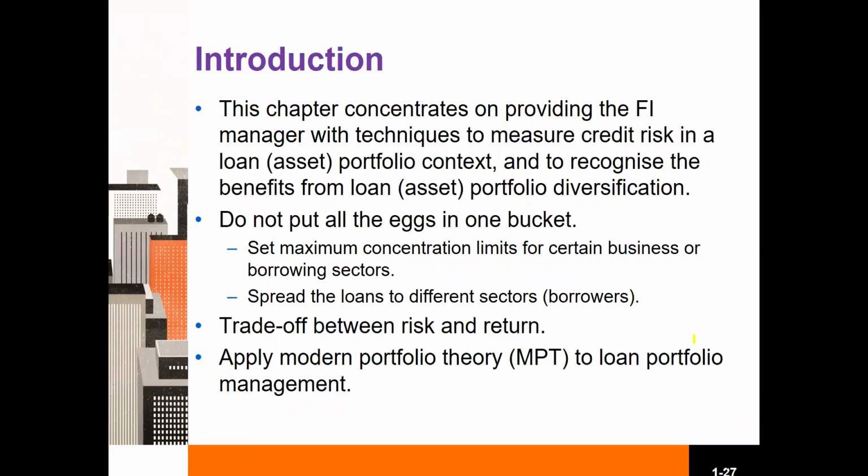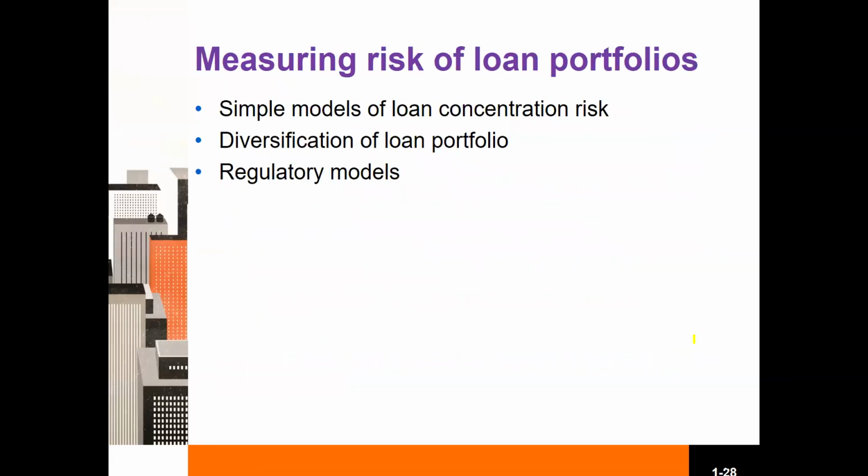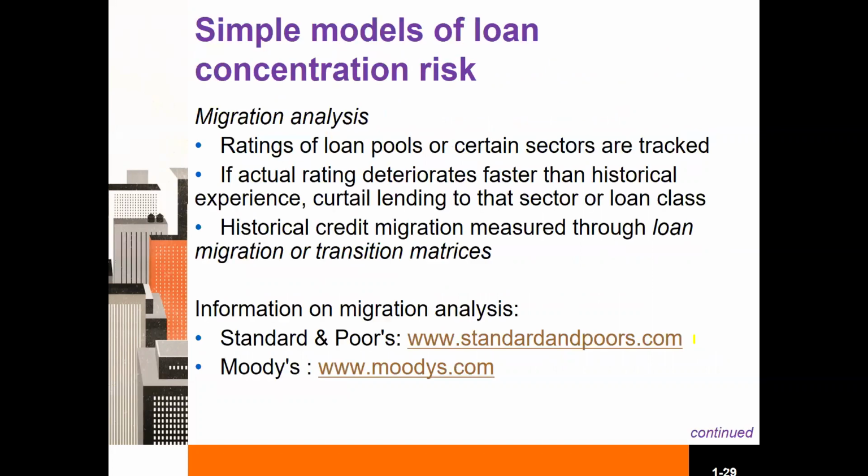That's why the total risk of a portfolio will be less than the weighted average risk associated with individual loans. So risk of a loan portfolio can be measured by simple models of loan concentration risk, diversification of a loan portfolio, and regulatory models. First of all, simple models of loan concentration risk.